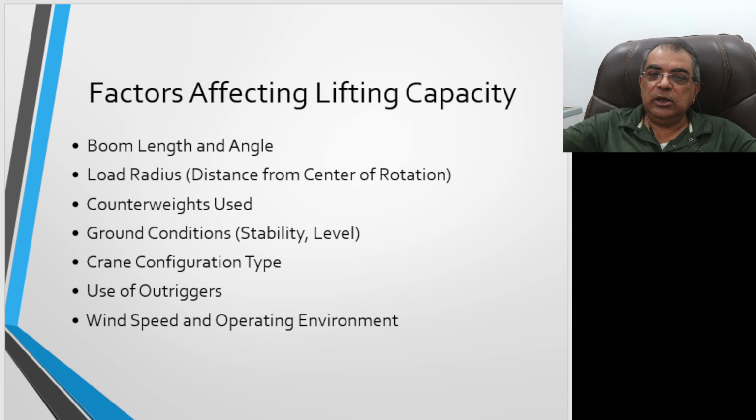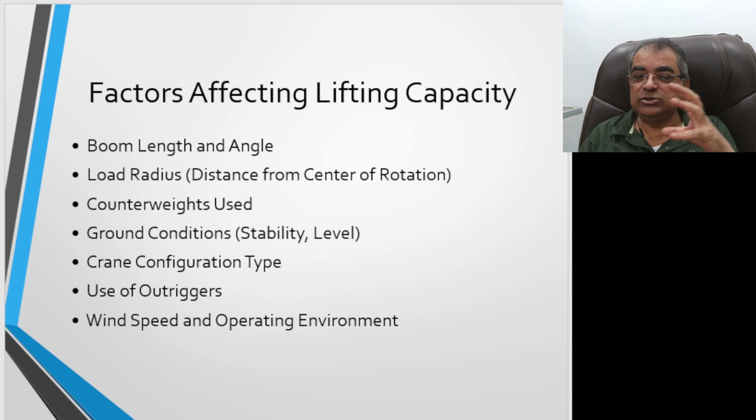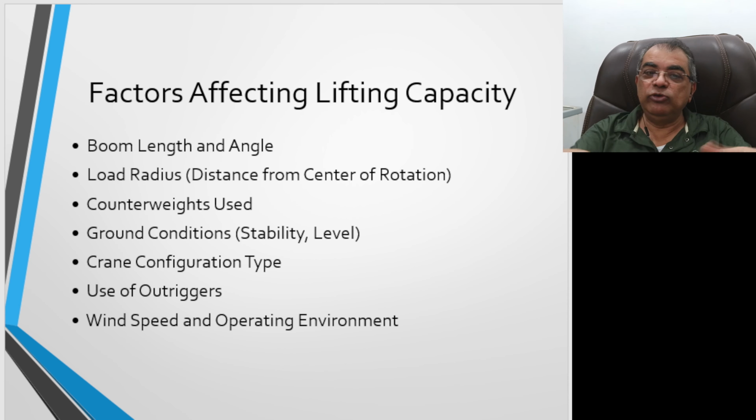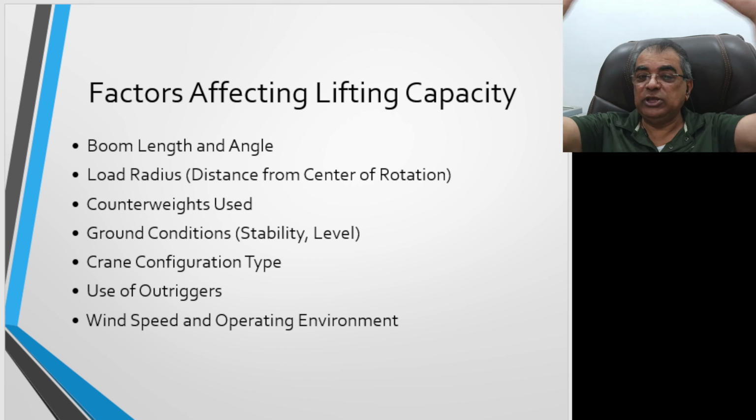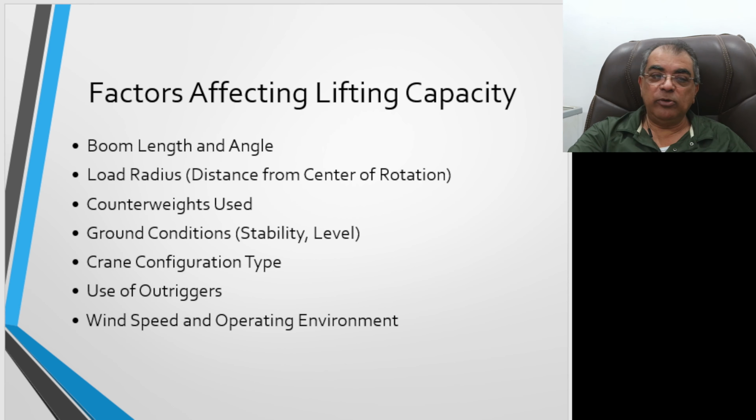Crane configuration type, what type of crane it is, use of outriggers, whether it is on outriggers or it is moving, because if it is moving then it is a different case. In a moving crane, somebody is lifting and moving from here to here, so it has a different configuration. If it uses outriggers on stable ground, it has a different configuration. Wind speed, weather condition, operating environment.